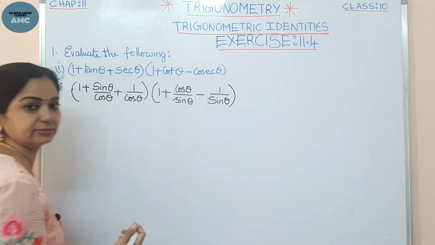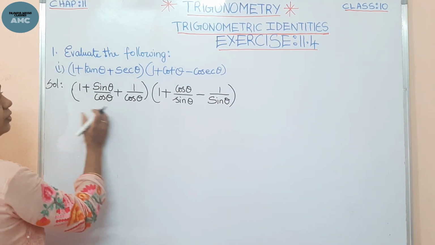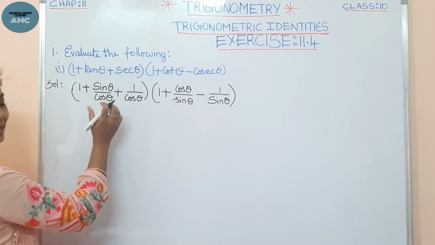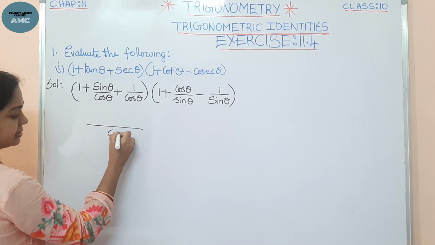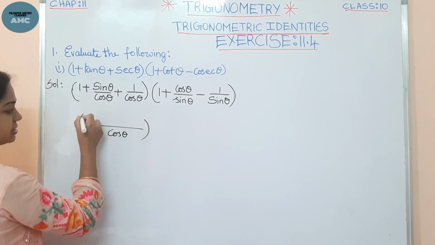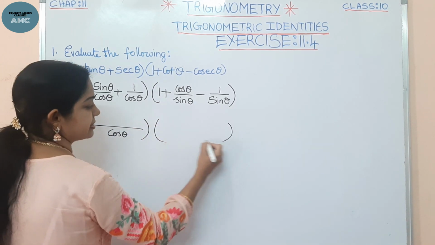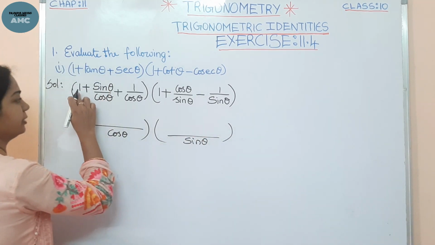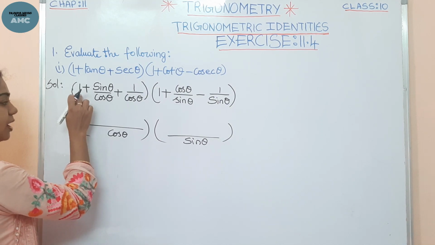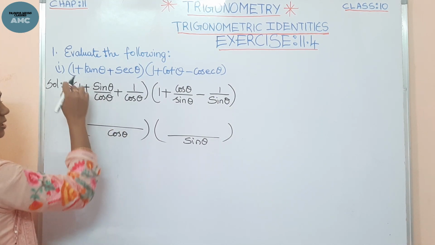The reciprocal. Okay, here, now what I'll do here, we will take the LCM since they are in the fraction part. So the LCM is cos theta. Here also the LCM, we can take it as sine theta. So 1 times cos theta, so cos theta comes up.